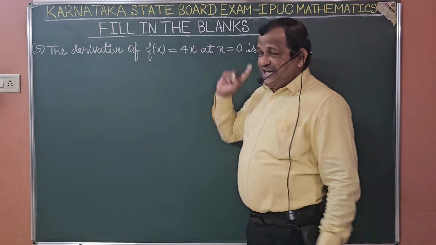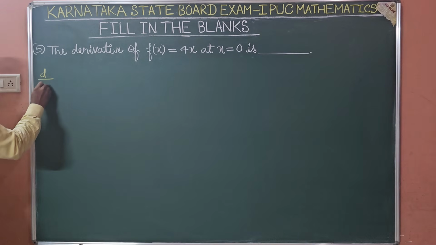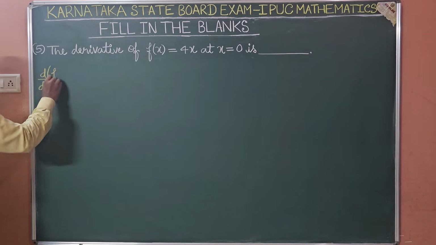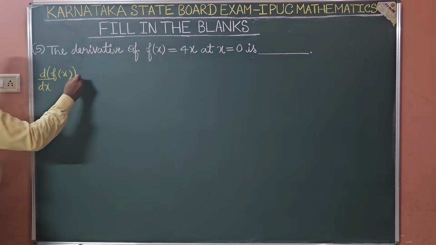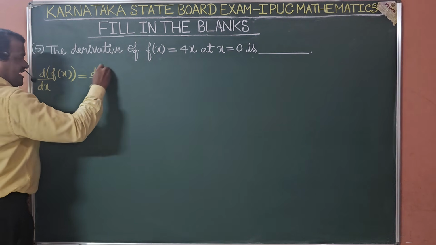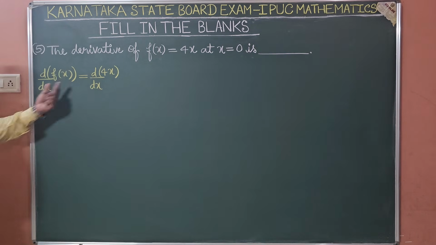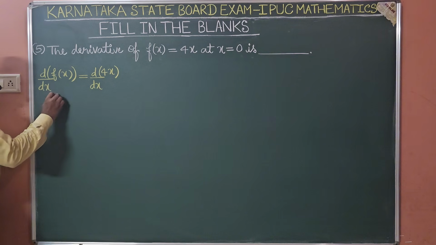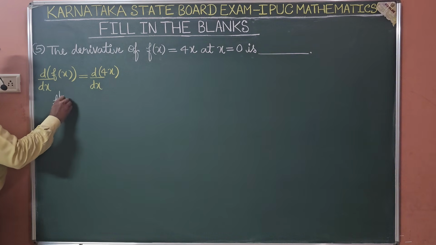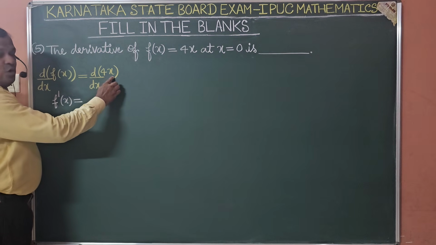So I have to directly differentiate. d by dx of LHS, which is f of x, is equal to d by dx of the right hand side, which is 4x. d by dx of f of x I will write f dash x, and this is d by dx of 4 into x.